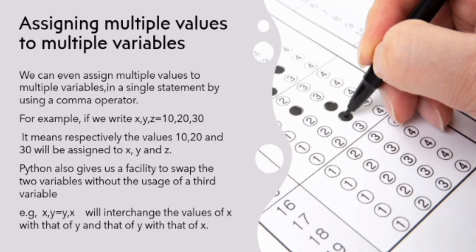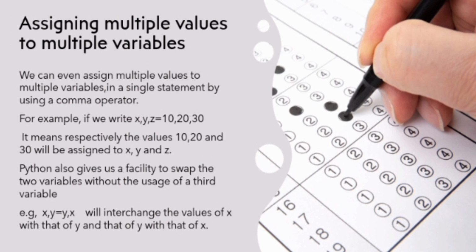Now comes one more concept, assigning multiple values to multiple variables. Suppose you have to give different values to different variables. So Python allows you a very easy method to write it in a single line only. If you write A, comma B, comma C is equal to 10, comma 15, comma 20, what will happen? Respectively, all these values will be given to all the 3 variables.